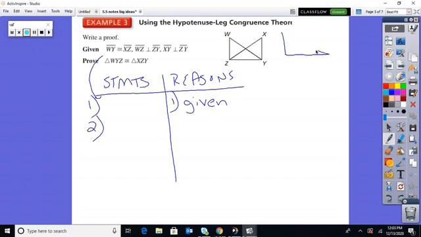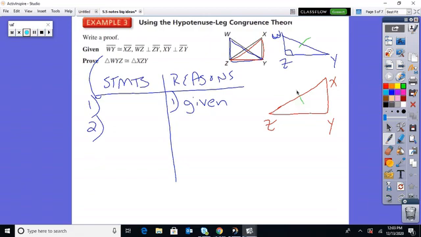So for instance, here's what we got. We've got W, Z, Y. That's this triangle. And then this triangle, we've got Z, Y, X. Sometimes it's a little easier to separate and redraw these things, because then they tell you that WY is the same as XZ, so it's easier to see the slash.